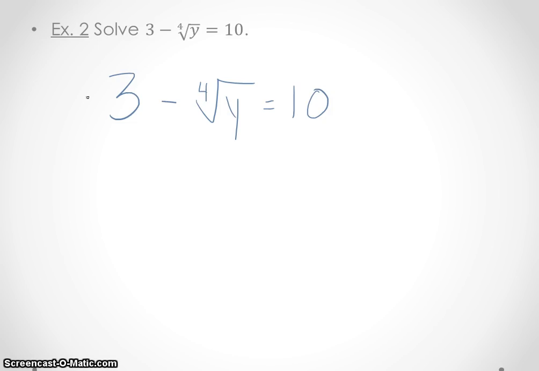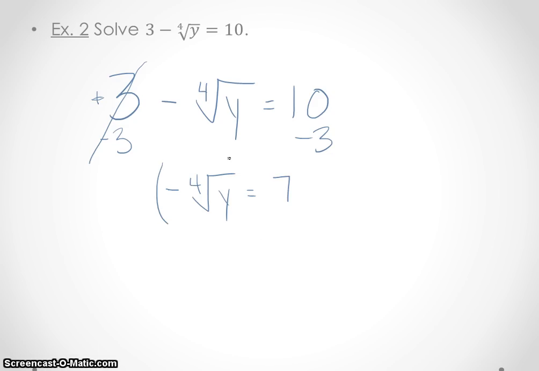Now be careful, this is not a minus 3. This 3 is actually positive if we were to put a sign there. So to get rid of this 3, we would have to subtract 3 from each side. So that's gone. And then notice this negative is still on this 4th root, so we'll have to address that in a second. So negative 4th root of y equals, well, 10 minus 3, of course, is 7.